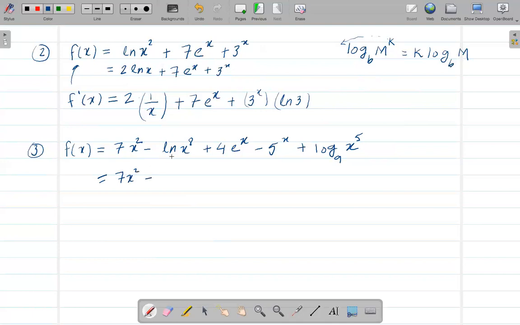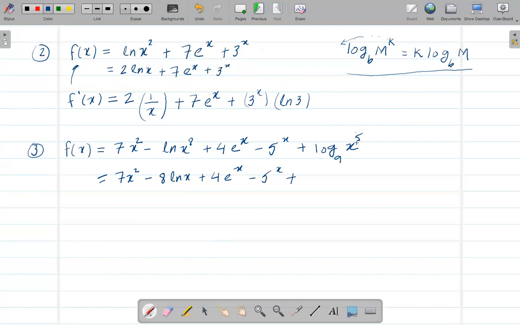But now with this log function, this is also a log. So with these kinds of log functions, we can bring the power down here, right, using this property. So this will be 8 times natural log of x plus 4 e to the power x minus 5 to the power x plus, again, we have a log function, log base 9 of x to the power 5.